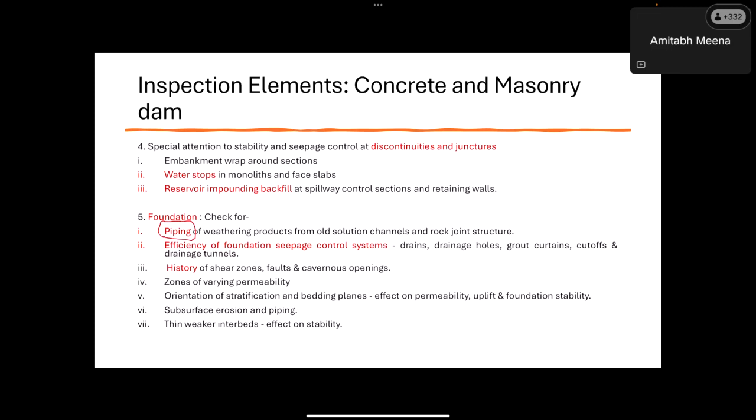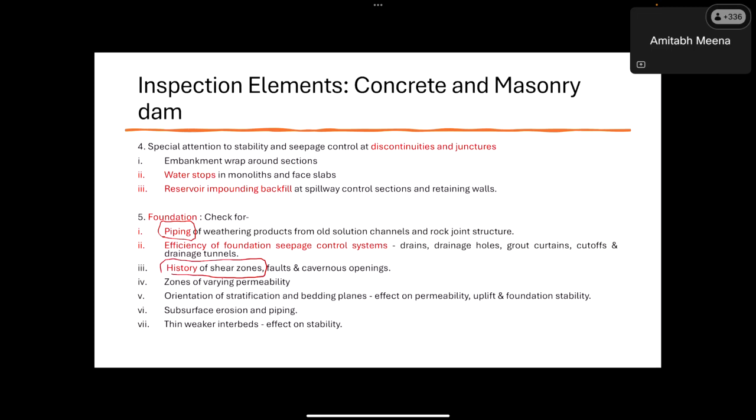Some seepage can occur from the abutment sides also. So for those factors, we have to see the history of shear zones. We should know where our dam is located, and whether there are any faults in the strata.